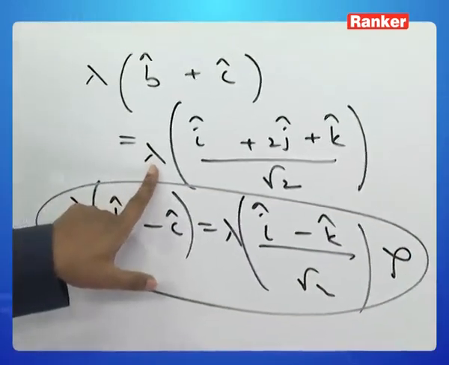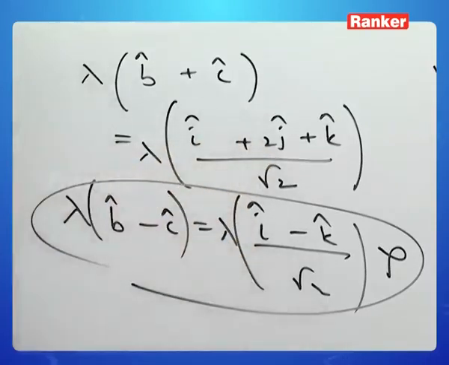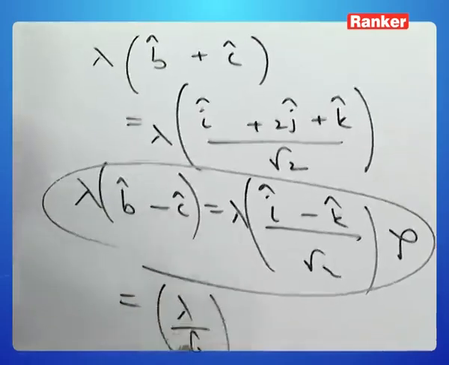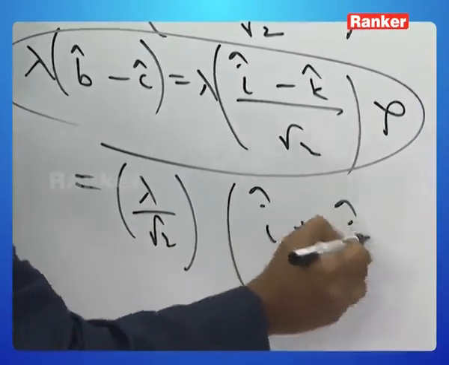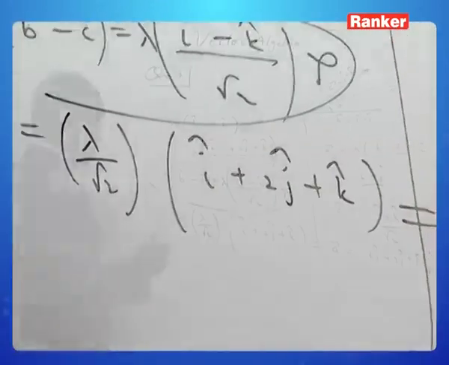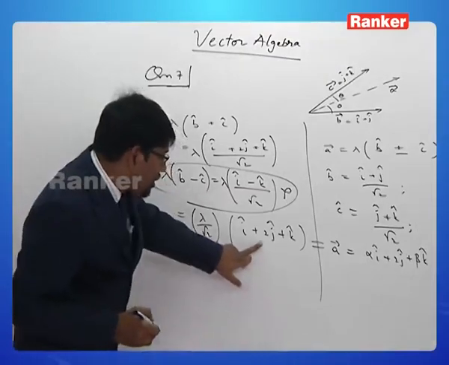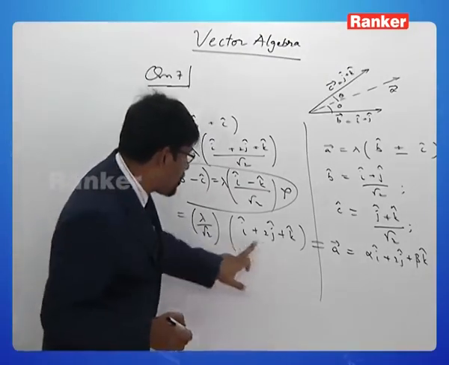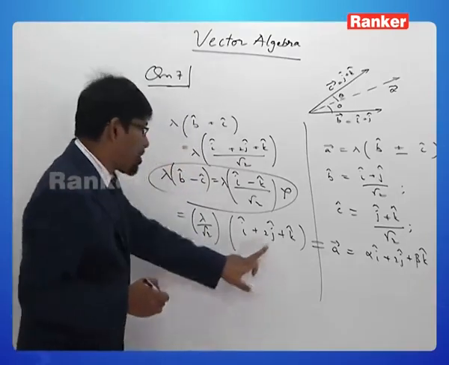Moreover, observe that if you equate the components of this, lambda by root 2 as a scalar here, this into I plus j, 2j plus k has to be equated to this a bar. So now observe that lambda into root 2 must have been equal to 2.